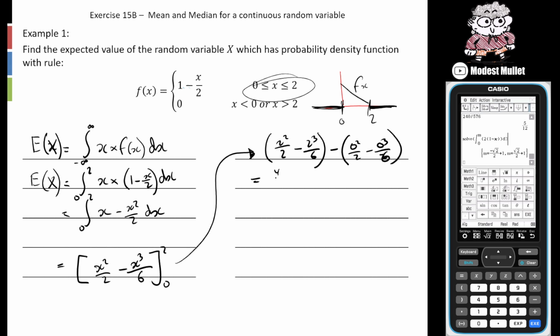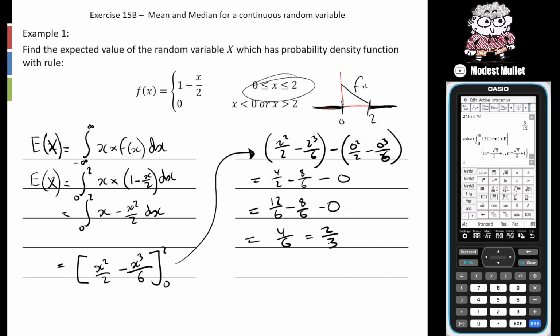That's going to be 4 on 2, take away 8 on 6, minus 0. Let's just make it common denominators to make life easier. Times by 3, that's 12 on 6, take away 8 on 6, and 0, we're going to get 4 on 6, which is 2/3.